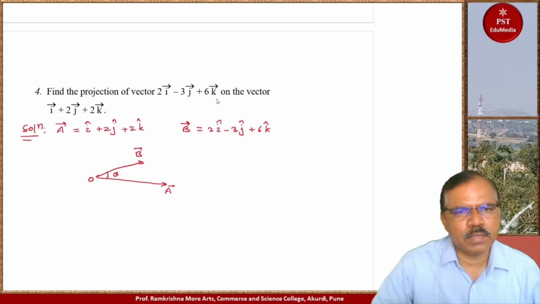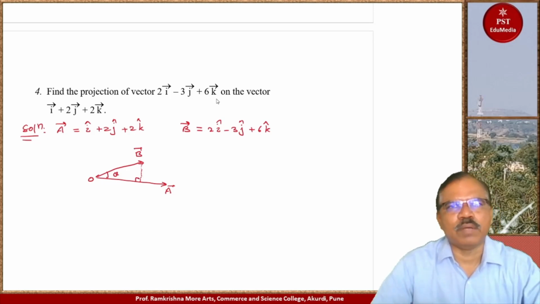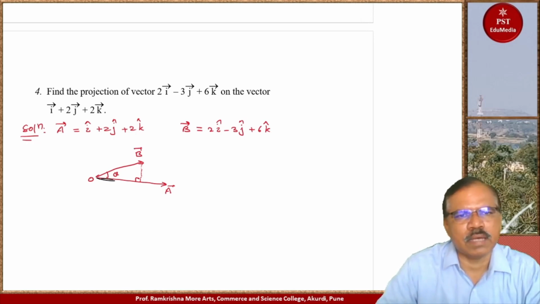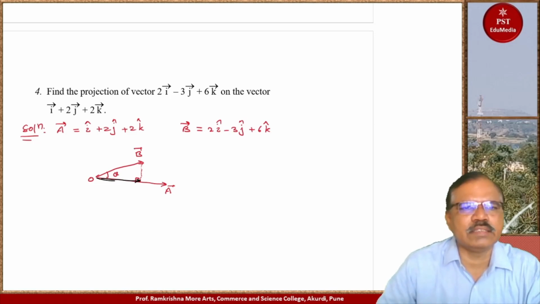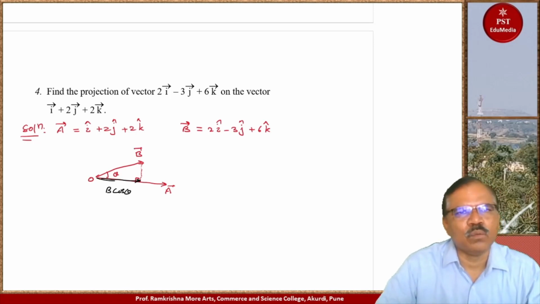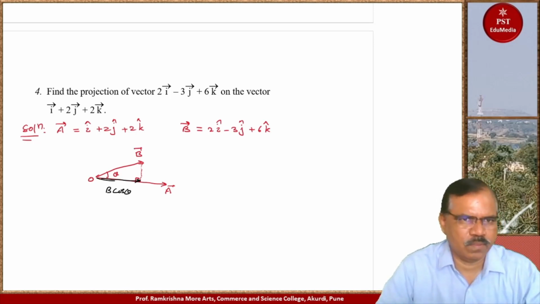We draw a perpendicular from the tip of vector B on vector A. Then we get this part, and this is the projection of B on A, and that comes out to be B cos theta, where B is the magnitude of B. So we have to find that. We are given only two vectors and we have to find B cos theta.